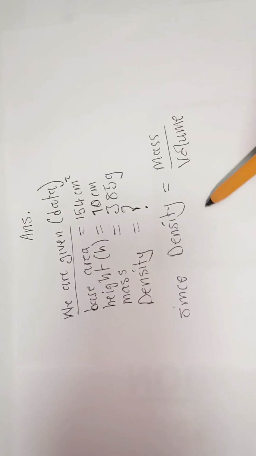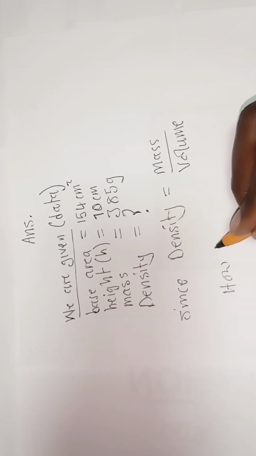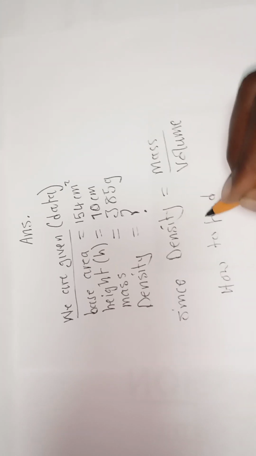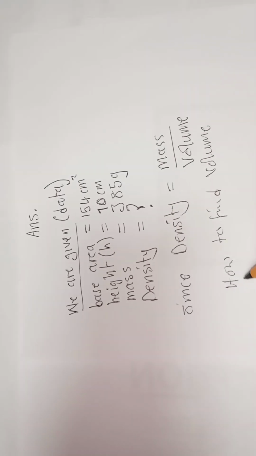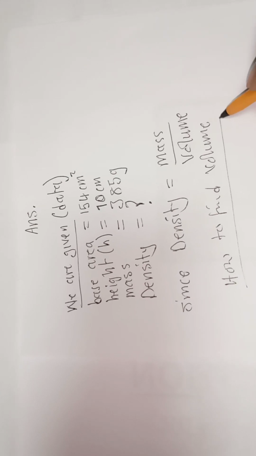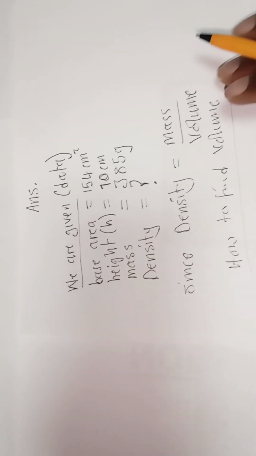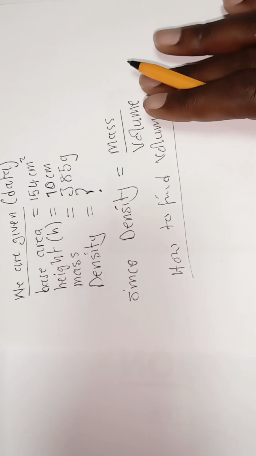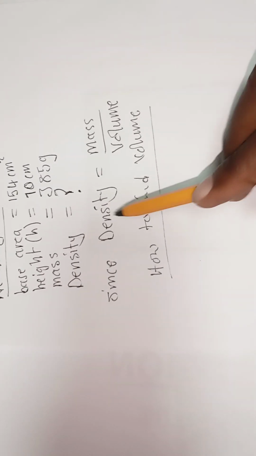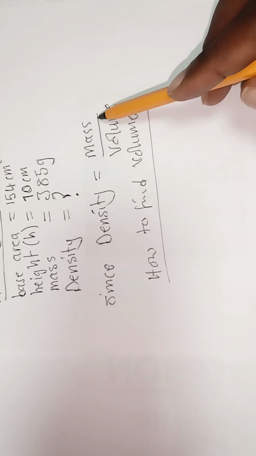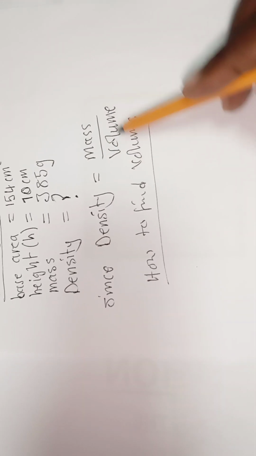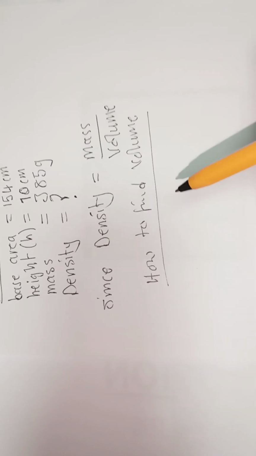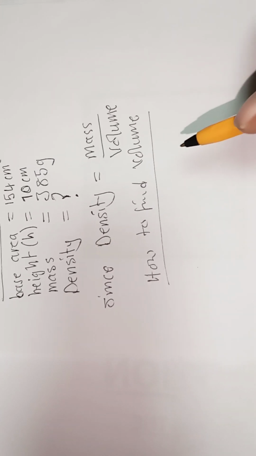So now let's look at how to find the volume. This is the formula for density, and the volume is included in it, but we don't have the volume. So we have to see how we can find the volume.